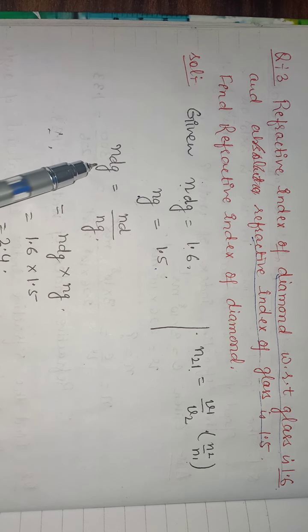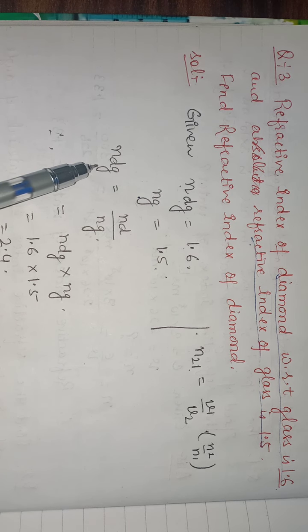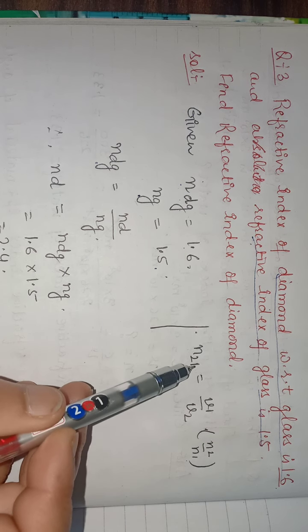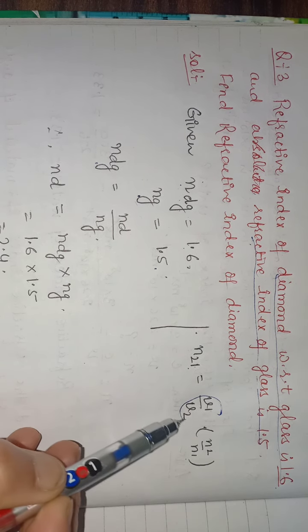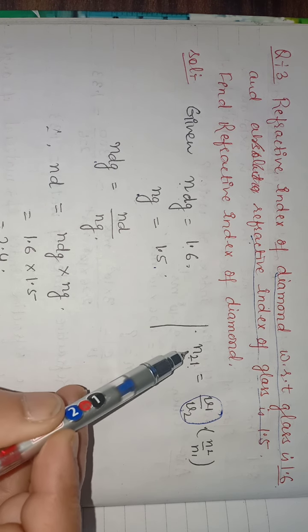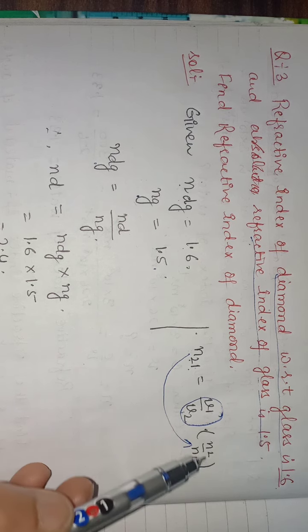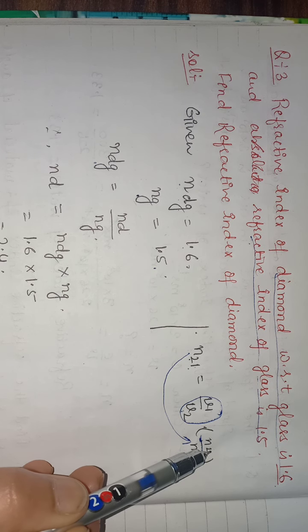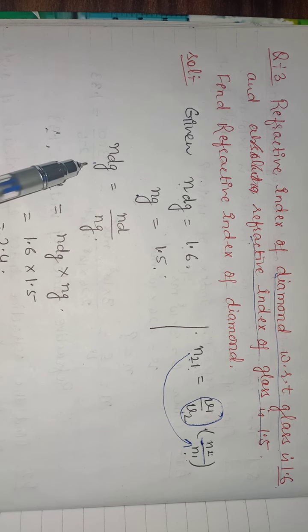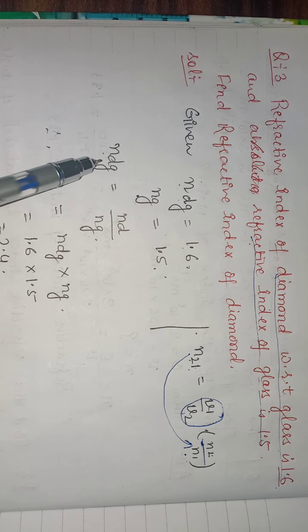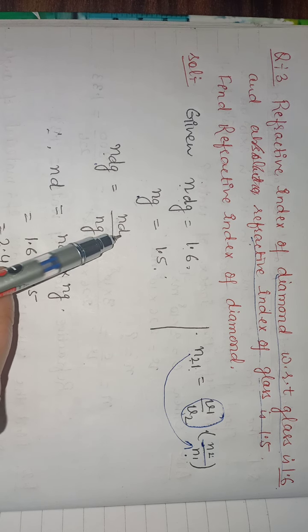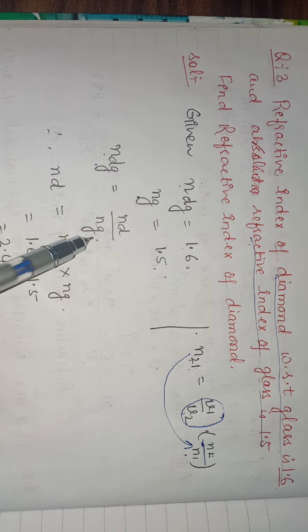If we want to write this in terms of refractive index, how can we write it? This is N21. In terms of velocity, we write it as V1 upon V2, but in terms of refractive index, it means refractive index of medium 2 with respect to refractive index of medium 1. Similarly, here we will use N diamond with respect to glass, which is refractive index of diamond with respect to refractive index of glass.